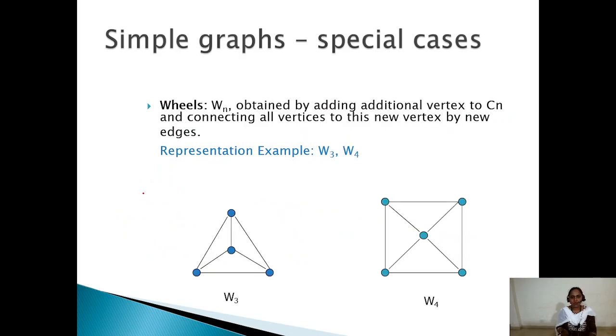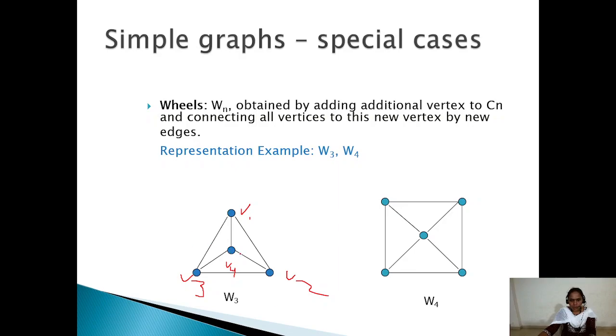Next, wheel. What is a wheel? Wheel means here this is V1, V2, V3. This is one wheel. V4 is one vertex, an additional vertex added to the cycle Cn and connected to all vertices by new edges.